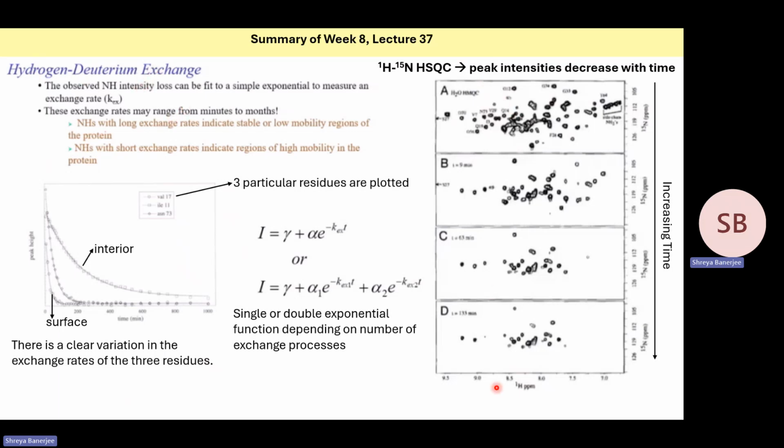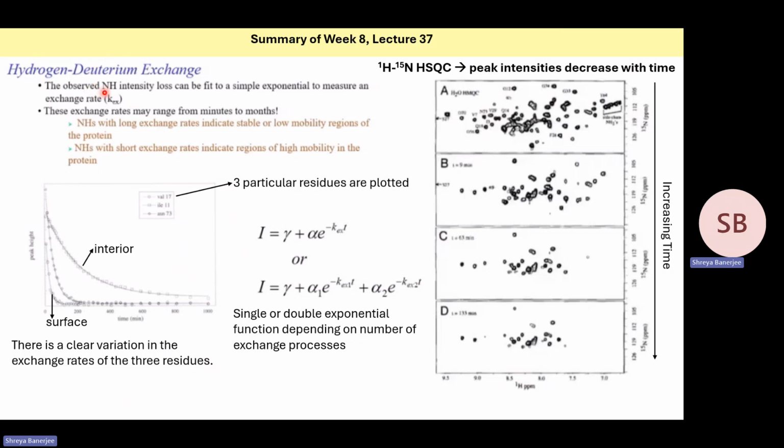Basically, again, the experiment shown has been copied here. Here you have a graph shown. The x-axis is basically the intensity loss.